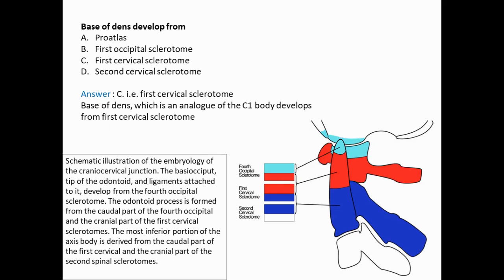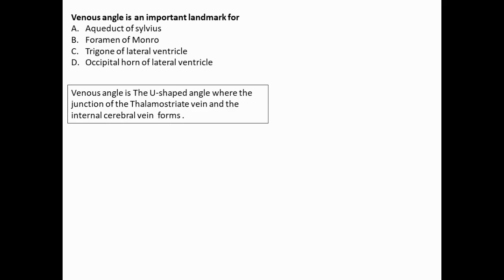Let's move to the next question. Venous angle is an important landmark for aqueduct of Sylvius, foramen of Monro, trigone of lateral ventricle, or occipital horn of lateral ventricle. Venous angle is the U-shaped angle where the thalamostriate vein and the internal cerebral vein join.